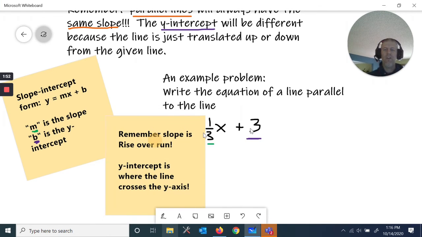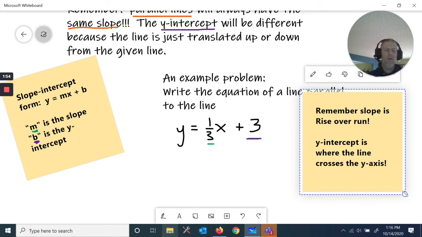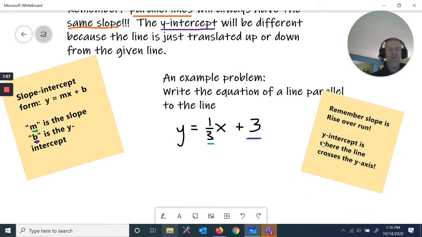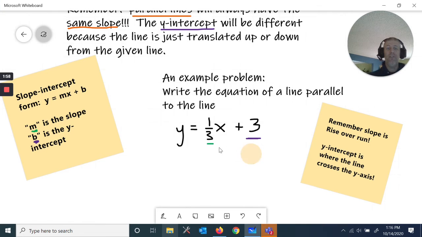Okay, those are just a couple good important things to remember that are from Algebra 1 last year. You did them in probably 7th and 8th grade just a little bit, but I just want to make sure we remember what those things are.